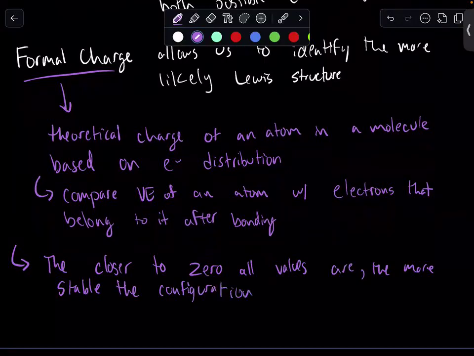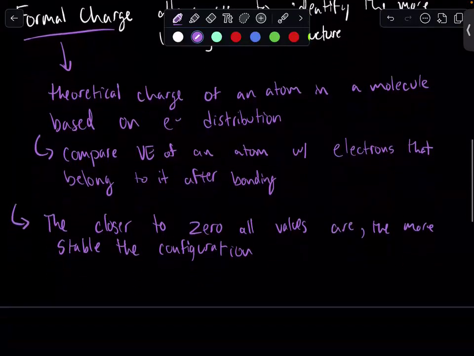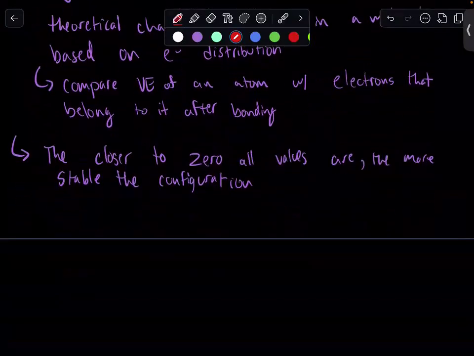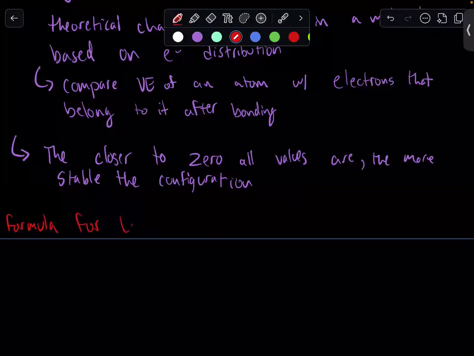Okay, so we have some ideas about formal charge, but we need to actually learn how to calculate it and apply it. And this will help us understand it a little bit more. So before we go into calculating it, we need to know the formula for formal charge. And I'm going to just start using FC to represent formal charge.